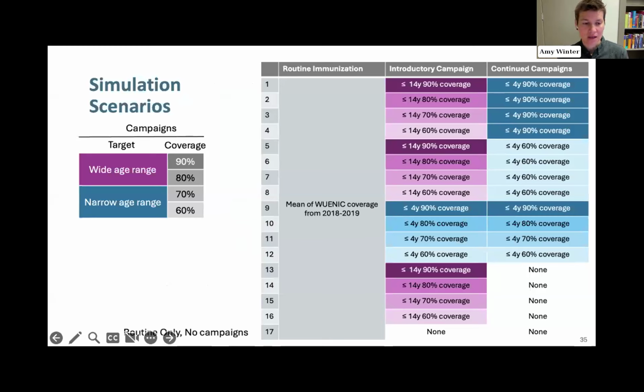And finally, in scenario 17, this is a routine only scenario where there's no follow-up or introductory campaigns. And so while this is not the recommendation, RI only is an important scenario in that it reflects the scenario for which those initial paradoxical effect modeling was done in the 1980s and 2000s.